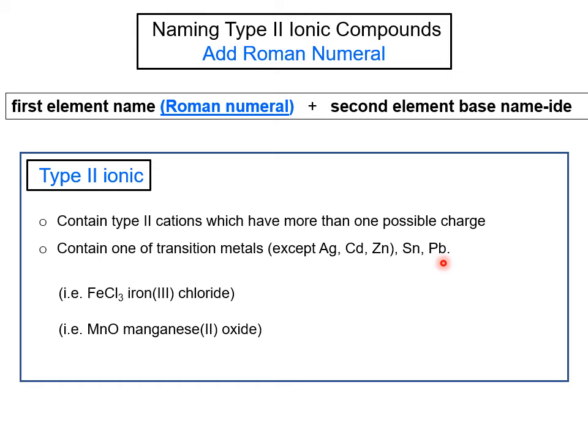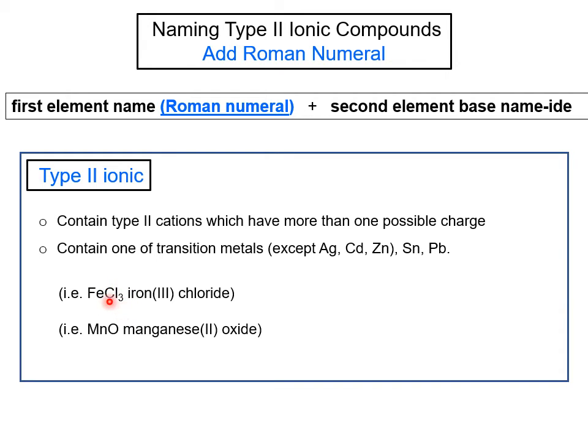So in order to figure out what the Roman numeral would be, we need to determine what the charge of the metal would be. So we would determine the charge of the metal based on the nonmetal that's attached to it. So for example, in FeCl3, we know that because chlorine is a group 7 element, it wants to have a charge of -1 to be like the noble gases.